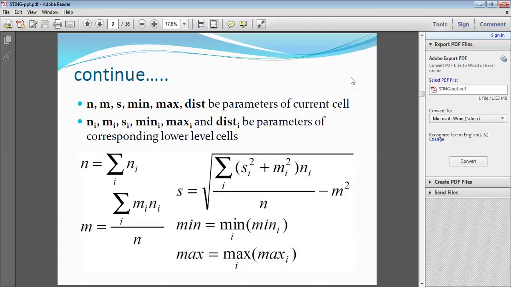For s, the formula would be slightly different from the normal standard deviation formula: it is equal to under root of Si square plus Mi square into Ni, upon N, minus M square.